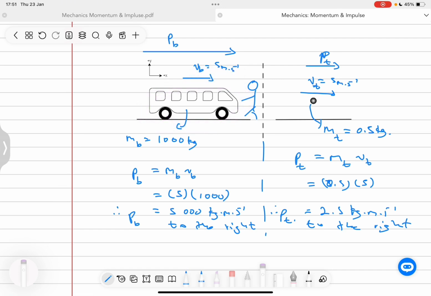But it will be practically impossible to stop that bus. We measure that by the momentum. The momentum is big. That's why it's difficult for me to stop that bus. So we're saying it has a bigger amount of motion.